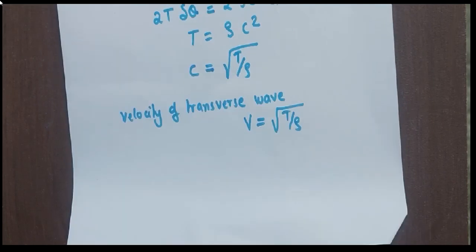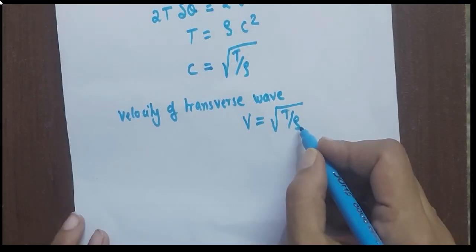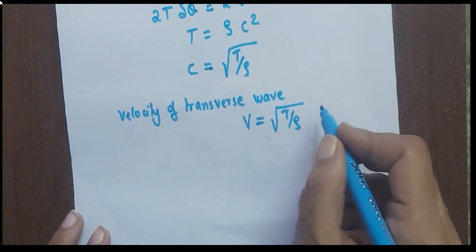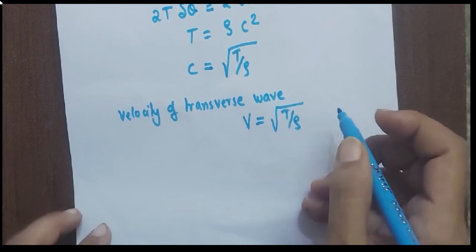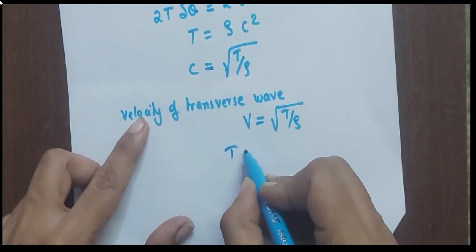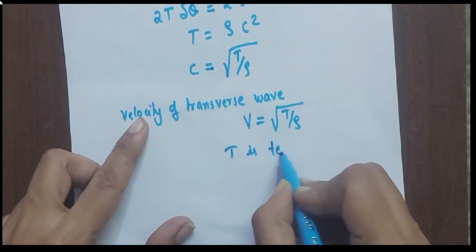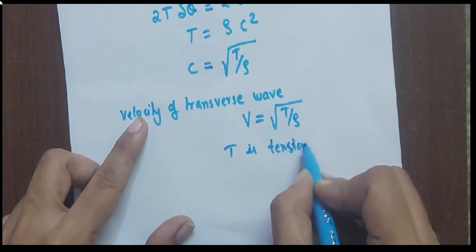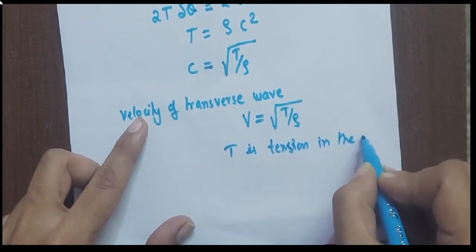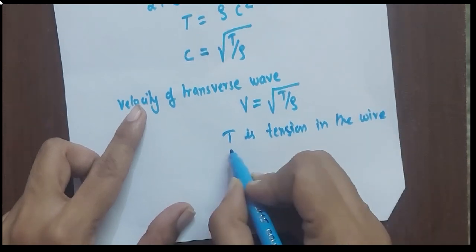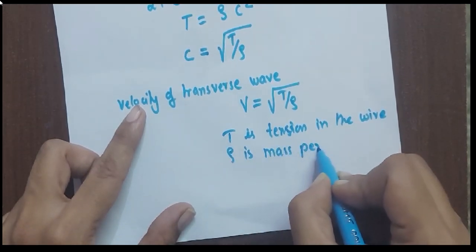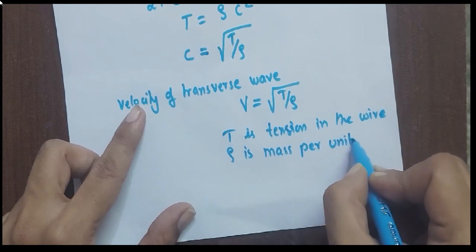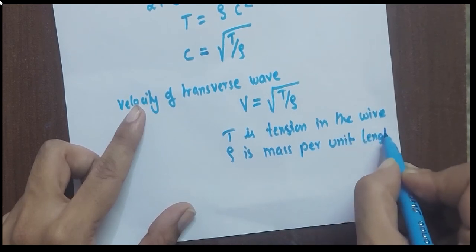Here again, remember students, this rho is mass per unit length. T is the tension in the wire and rho is mass per unit length.